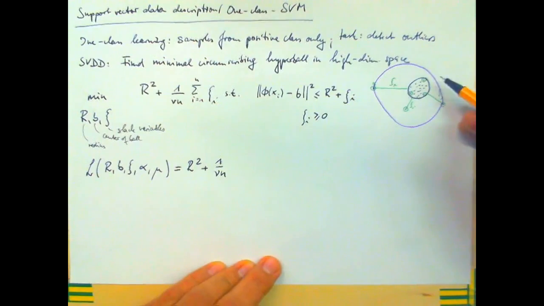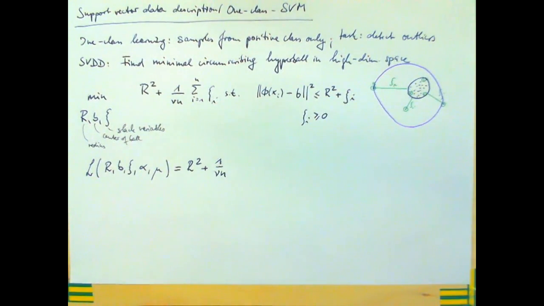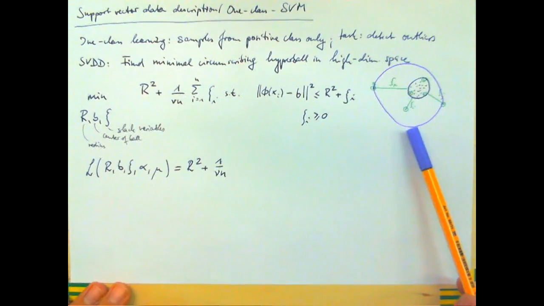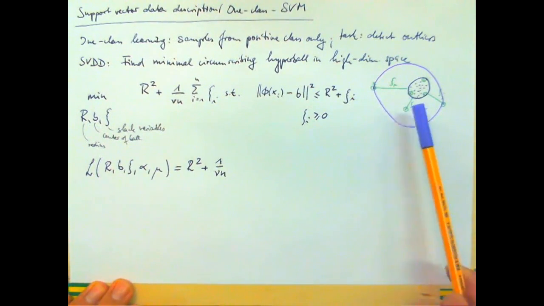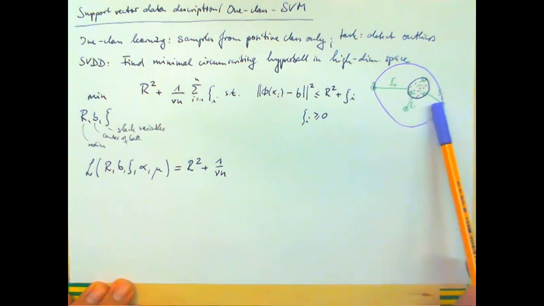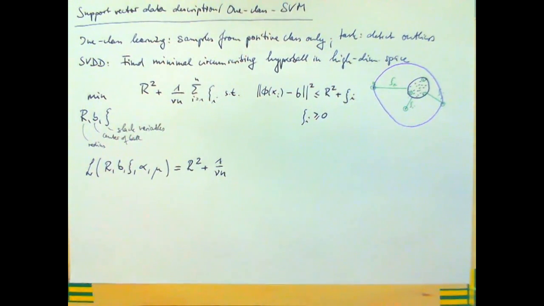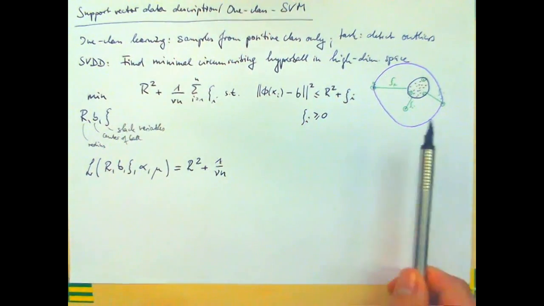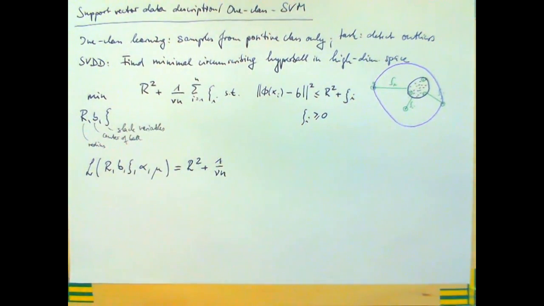So imagine that this is a circle, this purple thing. Then that would be the hard margin solution where I admit no slack. And if I do admit some slack, then the hyperball will become smaller, and it will be able to flag these outlying points as outliers, which is my aim.